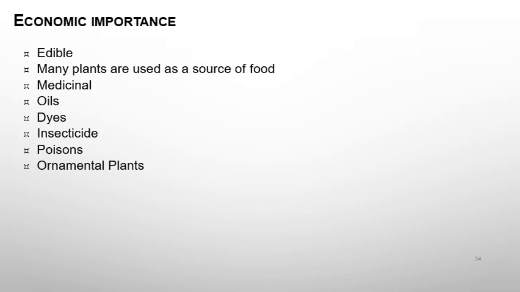As far as the beautification is concerned, members of this family are also used as ornamental plants. Many members of these families are cultivated as ornamental plants, such as sunflower and zinnia.